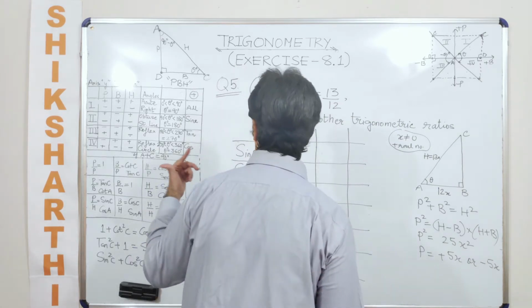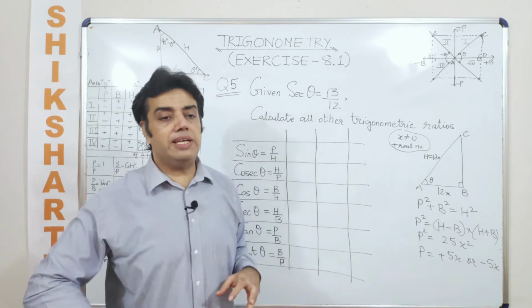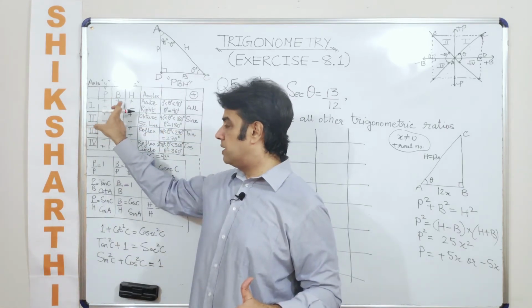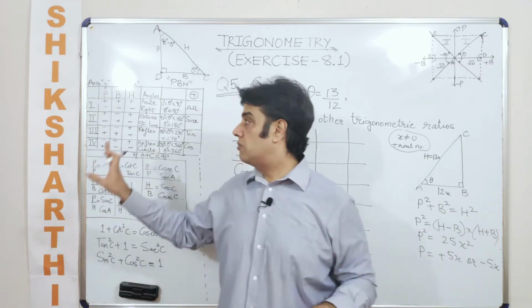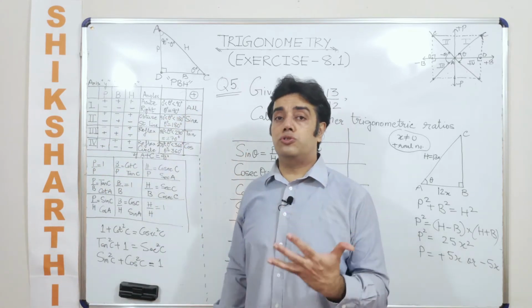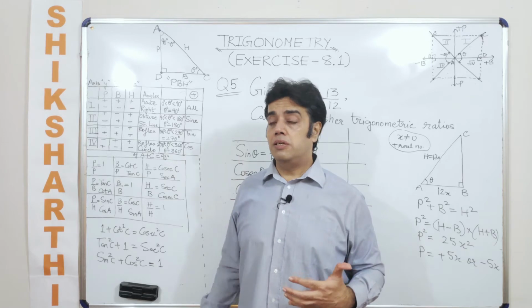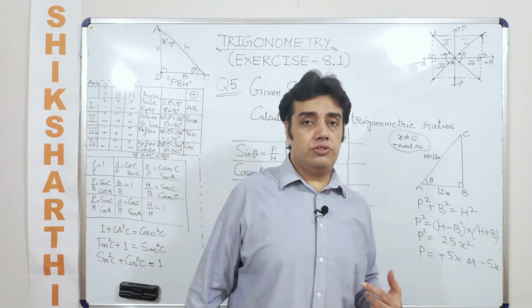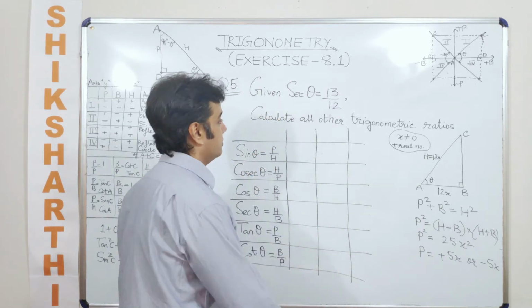So either I do it by the PBH, or it is advisable that once you know the PBH rule, you need to know where plus, minus and so on. Now we know ASTC, all students take care, which is all, sine, tan, cos. Once you know this with respect to 4 quadrants, you can simply pick up this piece of information.